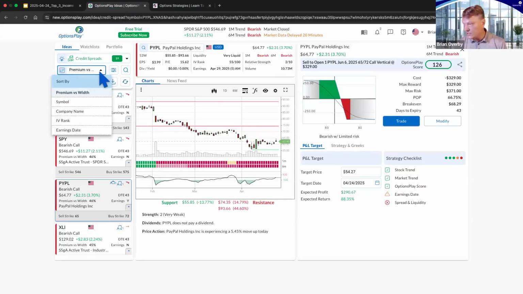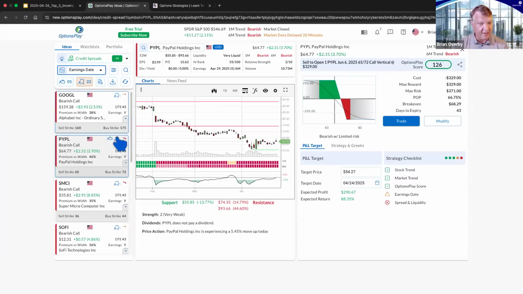Now, somebody asked about settings, like premium versus width. That's the default setting. You can look for symbols, company names. You can even look for implied volatility rank. Like in PayPal, this is at a 55 level. But these are the settings. And you can also look for earnings, right? If you want to trade something around the earnings date, this will actually sort via the earnings date, and it's highlighting that the earnings are happening within the time period of the days to expiration.